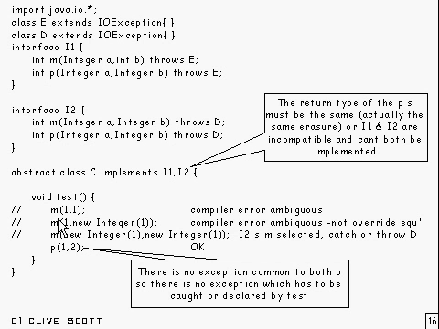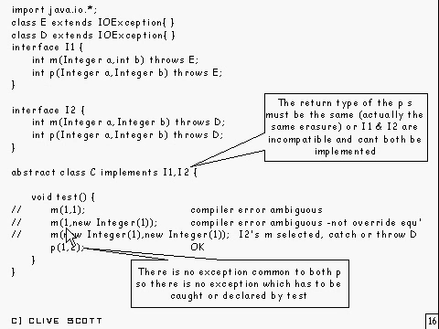Right, now let's have a look at this abstract class. If you try something like that, M11, well, that method will be selected, and that one as well, both using method invocation conversion. And you can't distinguish between the two because neither is more specific than the other, so it's a compiler error.